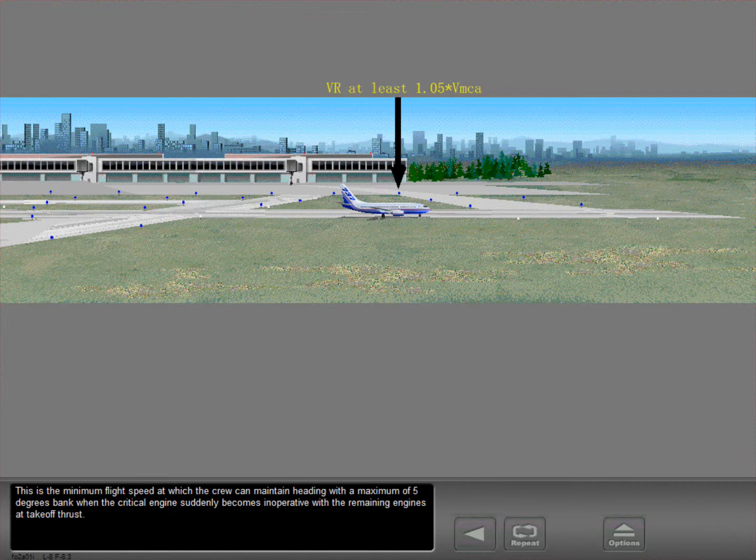This is the minimum flight speed at which the crew can maintain heading with a maximum of 5 degrees bank when the critical engine suddenly becomes inoperative with the remaining engines at takeoff thrust. VR must also result in a liftoff speed that is at least 10% greater than the all-engine minimum unstick speed and 5% greater than the engine-out minimum unstick speed.